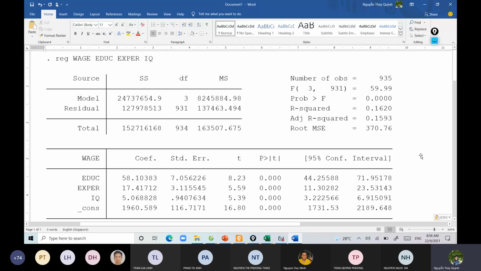Last time we talked about the estimated coefficient and the standard error of the estimated coefficient. We haven't talked about T and P yet, because we hadn't studied them, but now we have already studied it. Look at this.